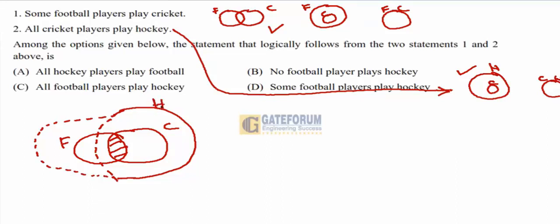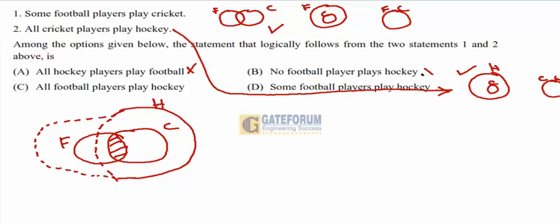So this is hockey. Now let us check the statements. All hockey players play football. Is that correct? Not at all. So I will say this is absolutely wrong. No football player plays hockey. Well, this can never be correct. As I said, at least this part of football players is bound to play hockey.